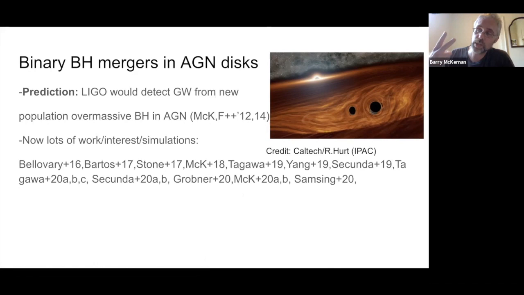Those mergers are detectable in gravitational waves and maybe even electromagnetically. And third, the population of mergers that you get from this allows you to reverse engineer both the disk properties and the properties of the nuclear star cluster that lives in the galactic nucleus. So we get some lever arms on things that we otherwise wouldn't be able to measure.